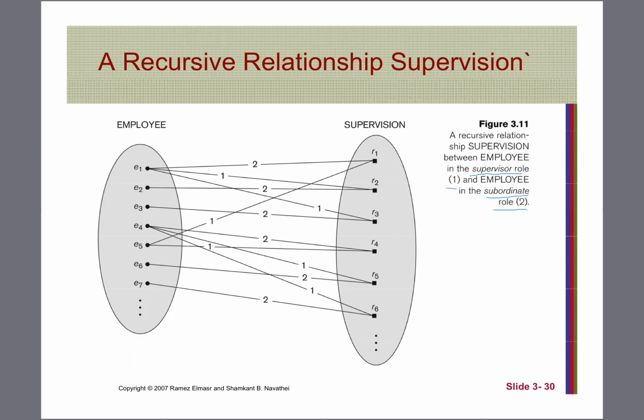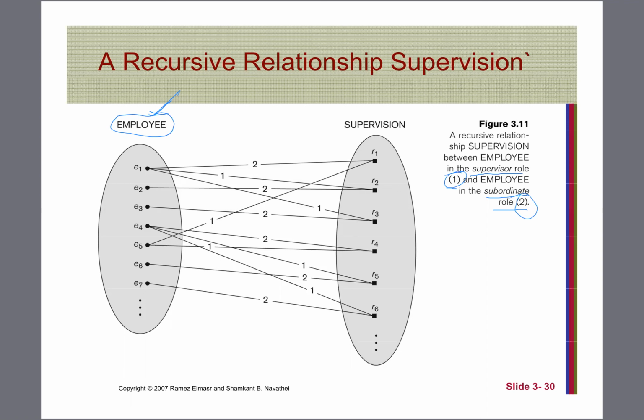So let's observe here. So employee is the same entity. Some couple of employees here will be in the supervisor role, who will be numbered as 1, and couple of employees will be numbered as 2, who are playing the subordinate role.